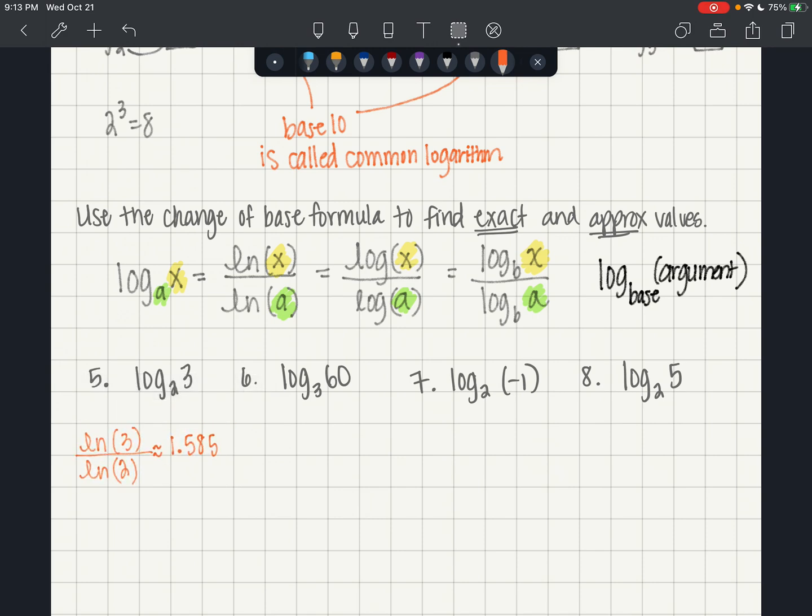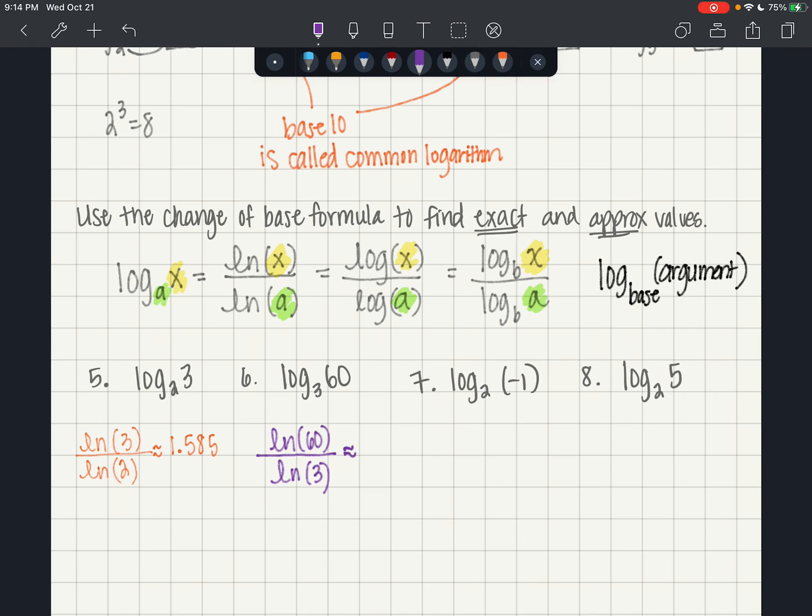Okay, log base 3 of 60, that's going to be the same thing as the natural log of 60, which is just some number, over the natural log of 3, which is another number, and that is approximately what?